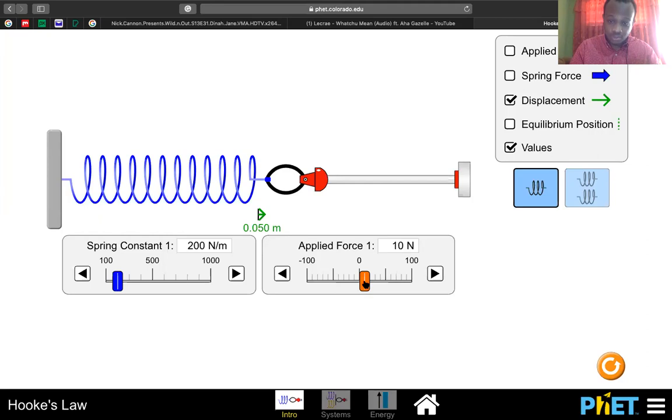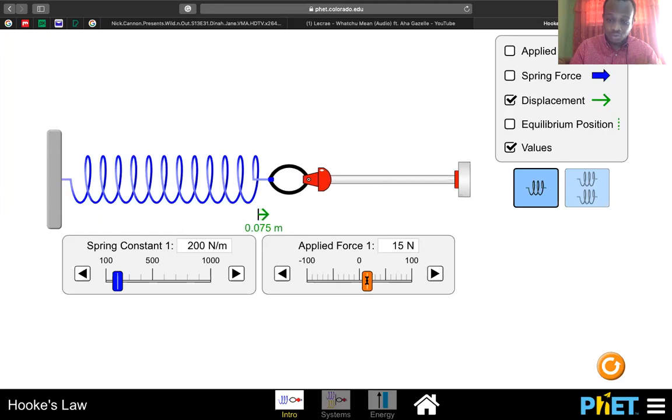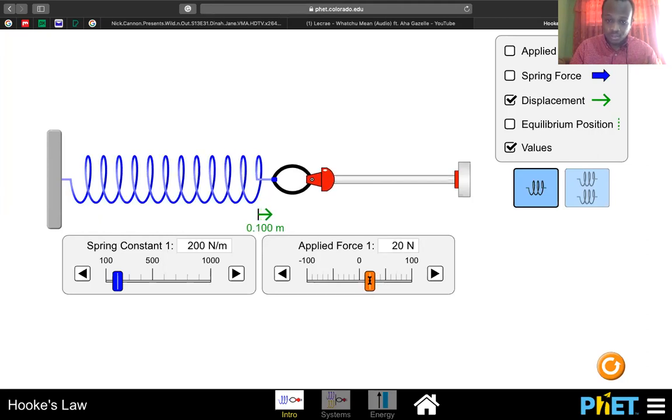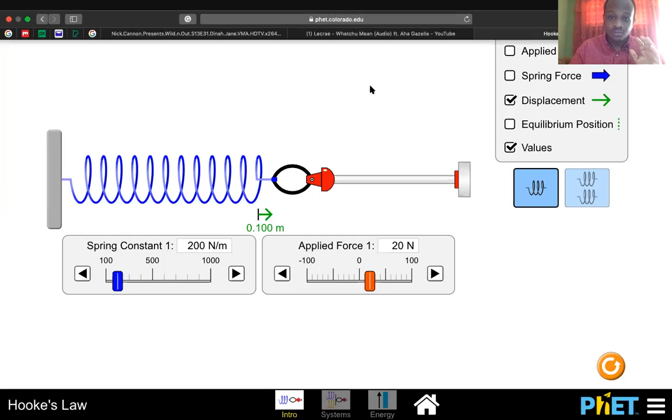It's very important. If we double to 20, what is our extension now? It's 0.1. It was 0.05 at first. If we double the applied force, what happens to our extension? It also doubles. All right, that's what we want to achieve first.